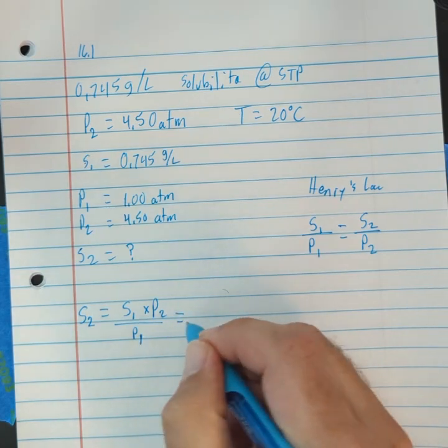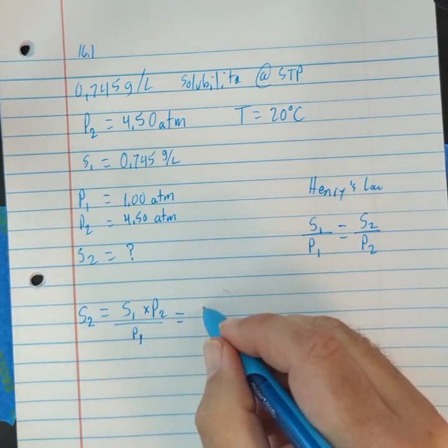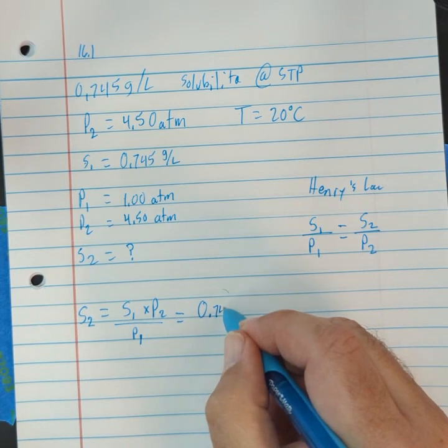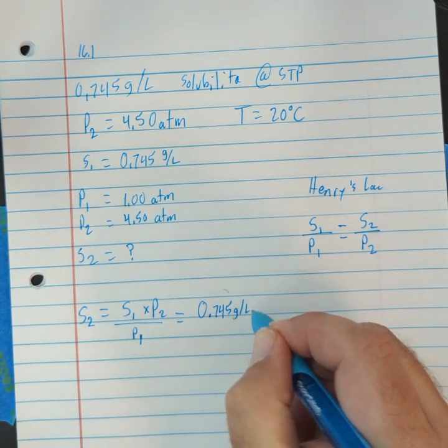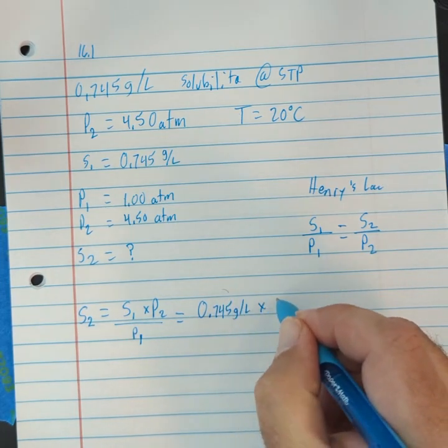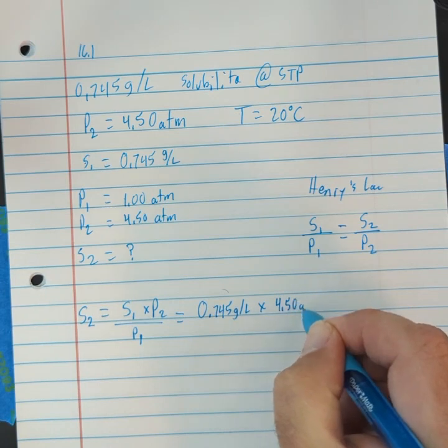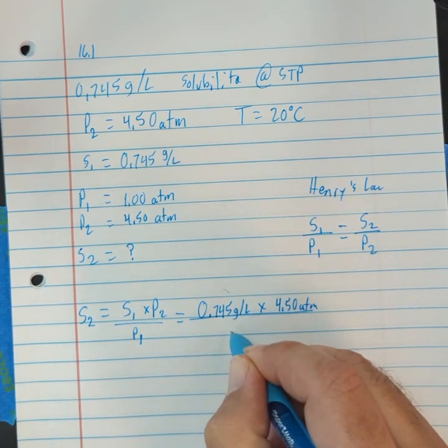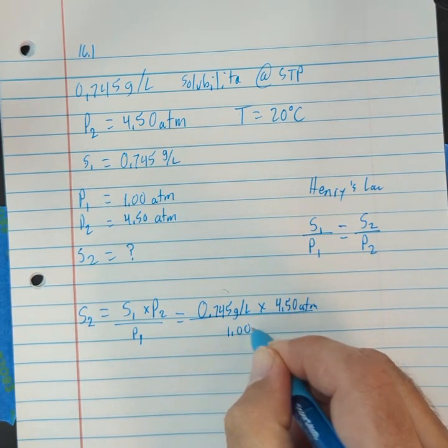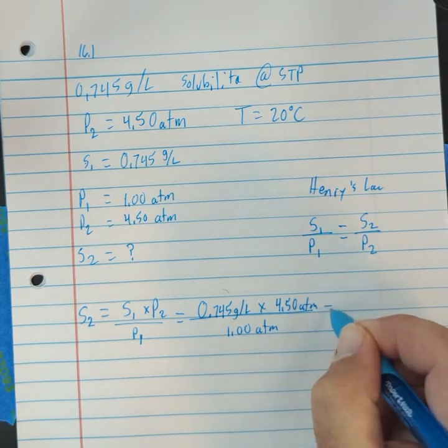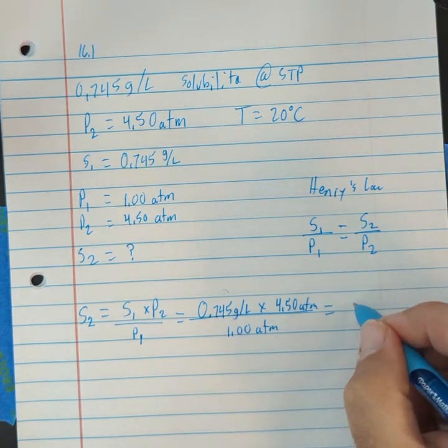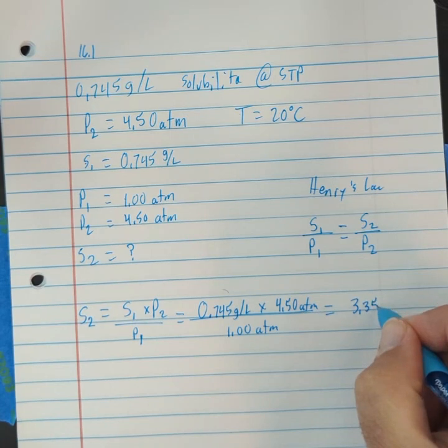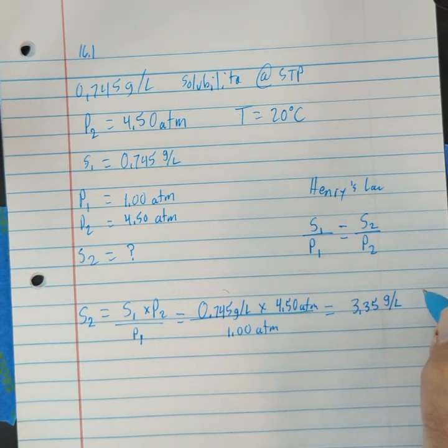That's just basic algebra. Then we plug in 0.745 grams per liter times 4.50 atmospheres divided by 1.00 atmospheres, and we should get 3.35 grams per liter.